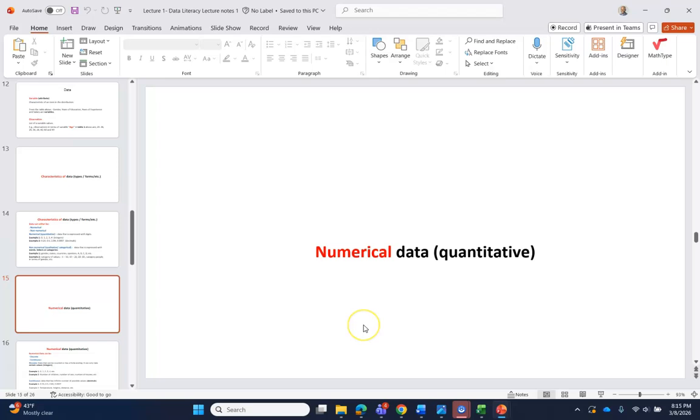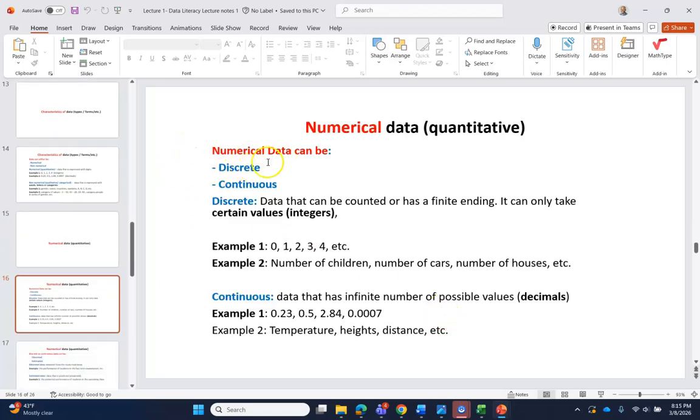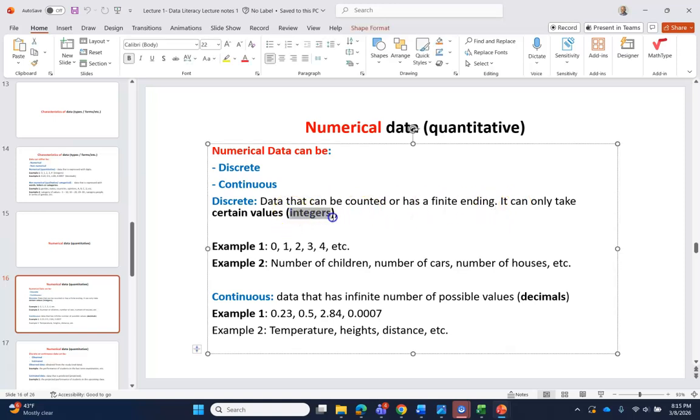So now let's look at the numerical data and see a number of characteristics of the numerical data. The first characteristic is your numerical data can be discrete or can also be continuous. So discrete data is a data which we can say has integers. For instance, we have 0, 1, 2, 3, 4.